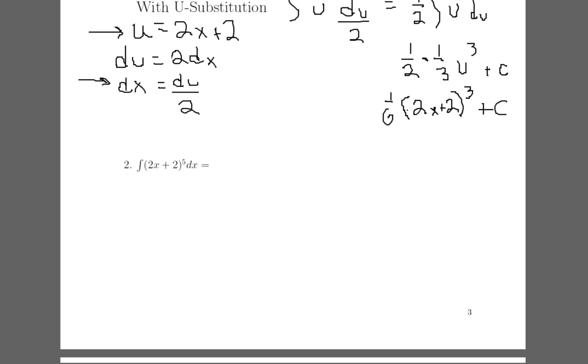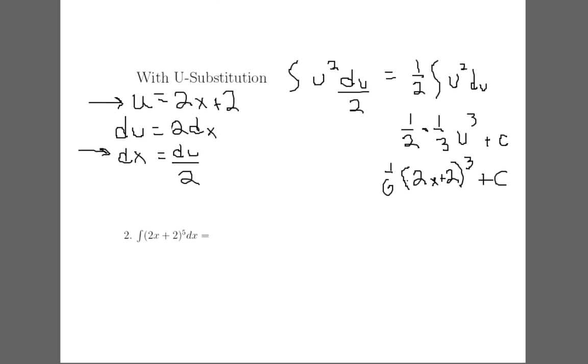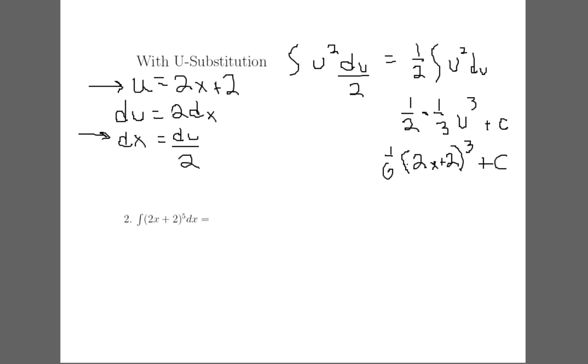All right, and here's an example where I just changed the power. I increased the power from quantity 2x plus 2 squared to 2x plus 2 to the fifth. And you'll see that if we do U-substitution, we use the same u, we use the same dx, we would get 1/2 times the integral of u to the fifth du, which would give us 1 over 12 u to the sixth plus c.